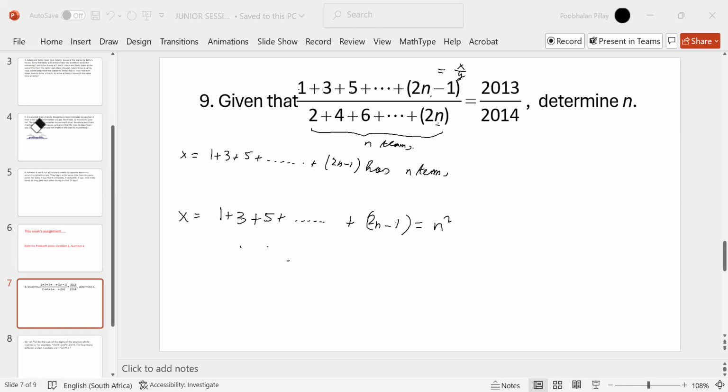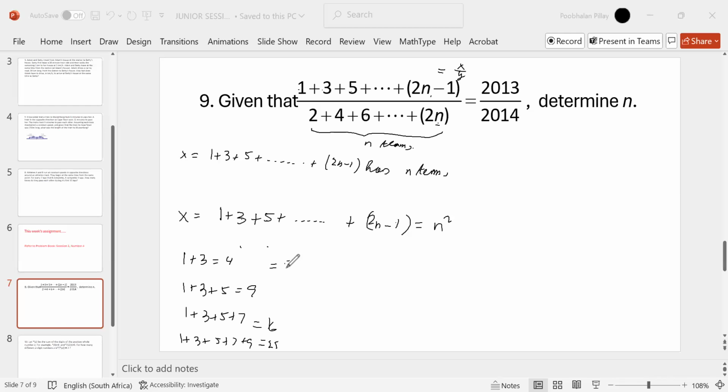If you try it out, you'll see: 1 plus 3 gives 4. Or 1 plus 3 plus 5 is 9. 1 plus 3 plus 5 plus 7 is 9 plus 7, which is 16. I'll do one more: 1 plus 3 plus 5 plus 7 plus 9 is 16 plus 9, which is 25.